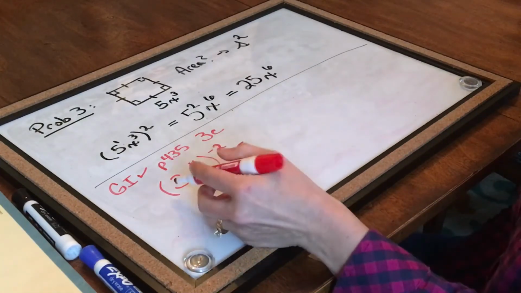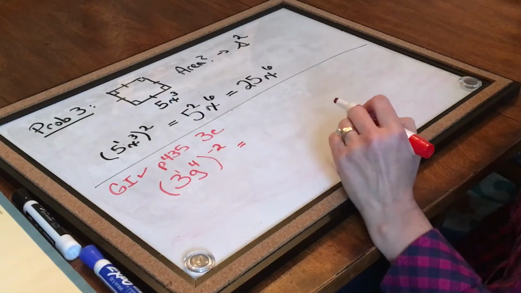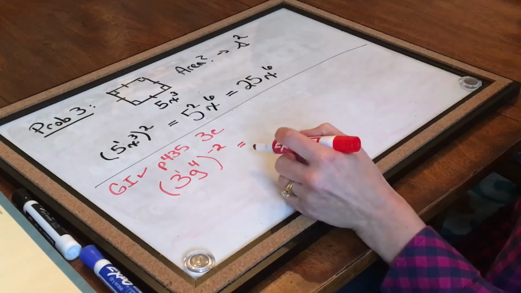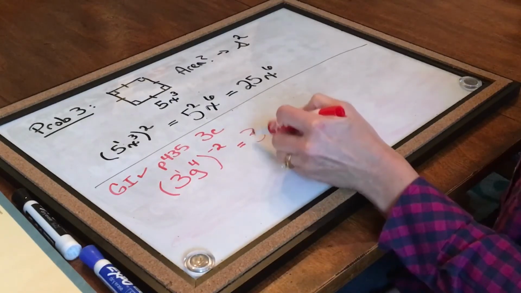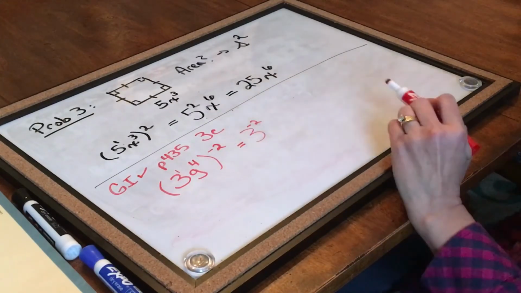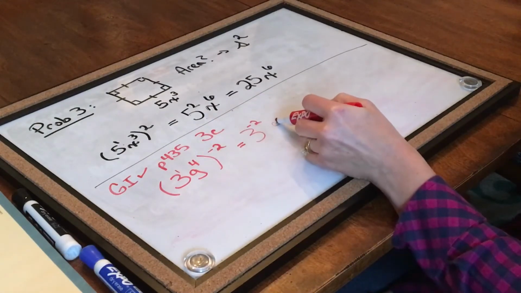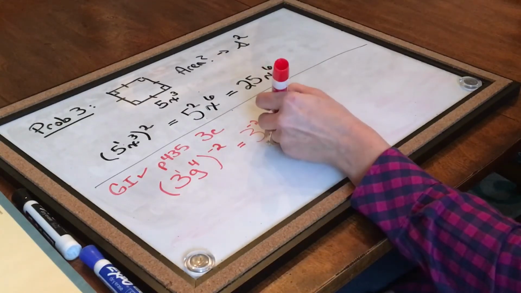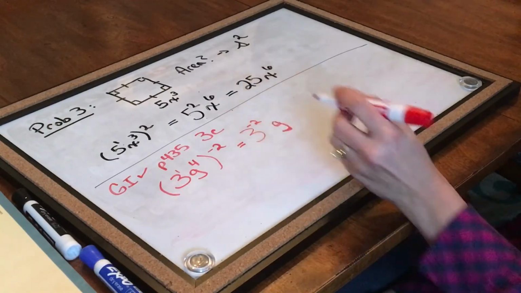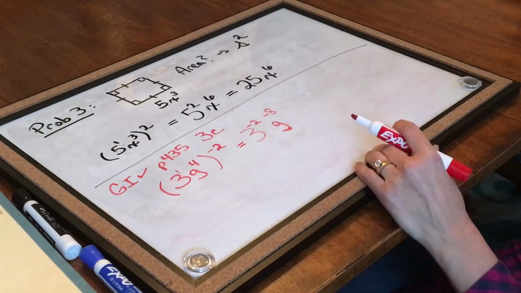First of all, I'm going to remember that this 3 is actually 3 to the first power. So now I can do my multiplication. So 1 times negative 2 is negative 2. So I have 3 to the negative 2 power. And then for my g's, I have 4 times negative 2. And 4 times negative 2 gives me negative 8. So now I have g to the negative 8th power.